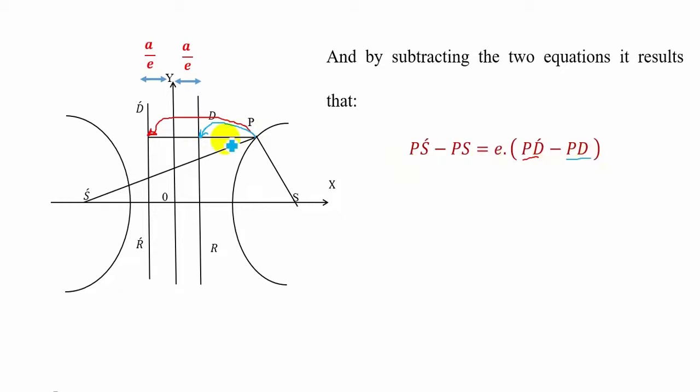So if we look like this, what will be the end of this subtraction? Now we are subtracting BD dash minus BD.